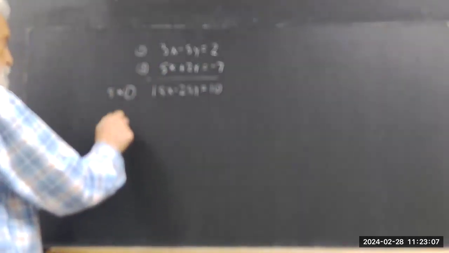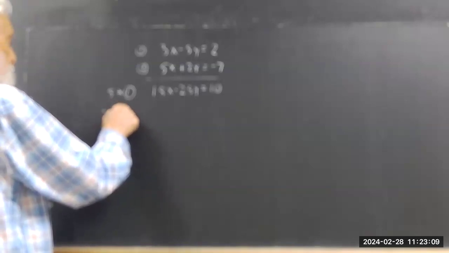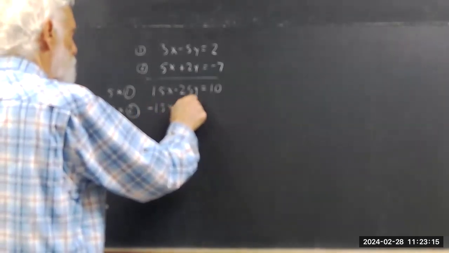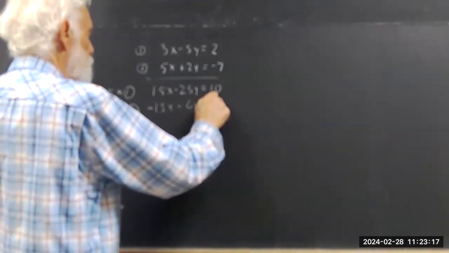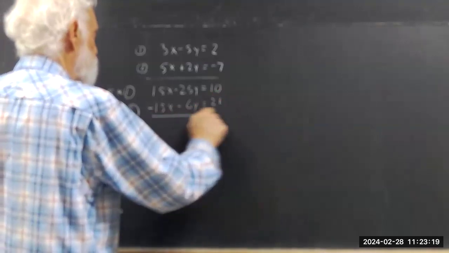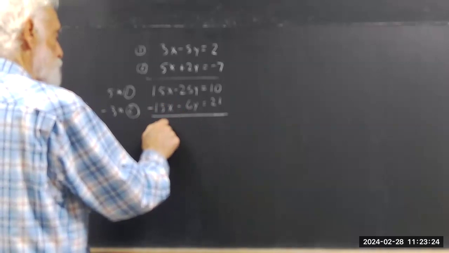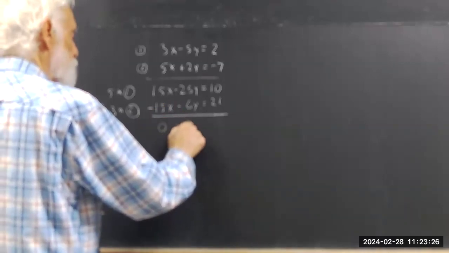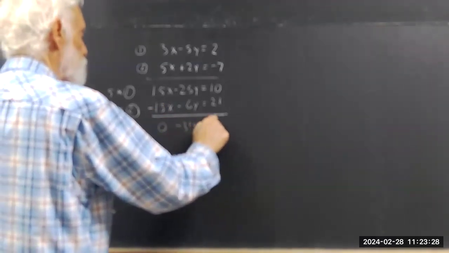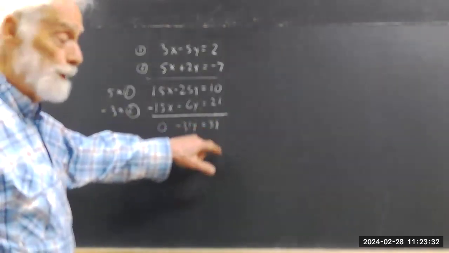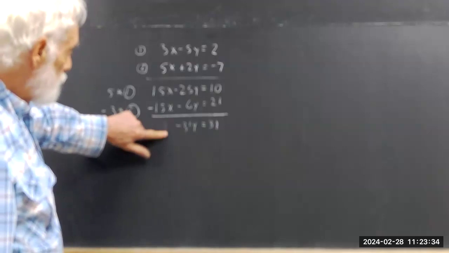Second equation, I'm going to multiply by -3, and I'm going to get -15x minus 6y equals 21. Now, when I add the equations, the x's go away. I get 0 minus 31y equals 31. I don't need to write the 0.